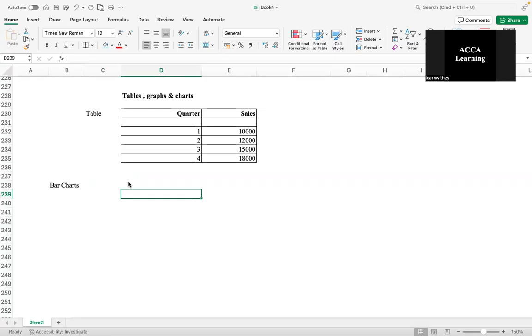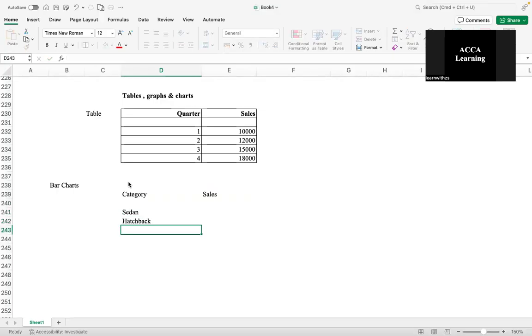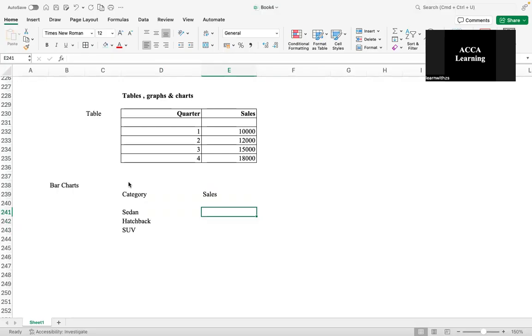We could say category, where you have sales. Now you have a sedan, a hatchback, and say an SUV. And the sales could be, say, 50,000, 30,000, and 20,000.